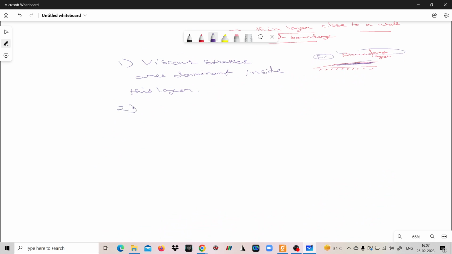What is the second property? The second property is the main flow velocity within this layer.